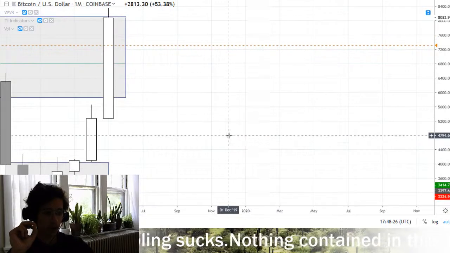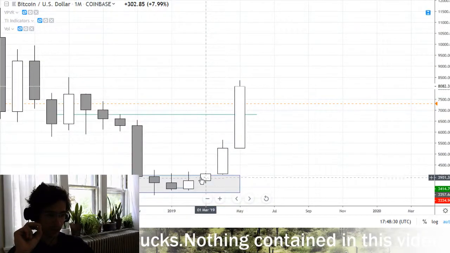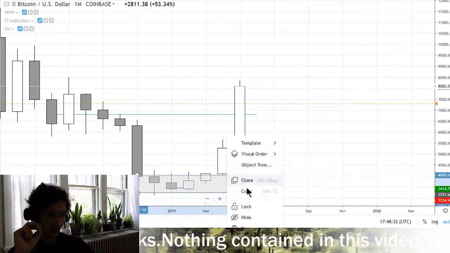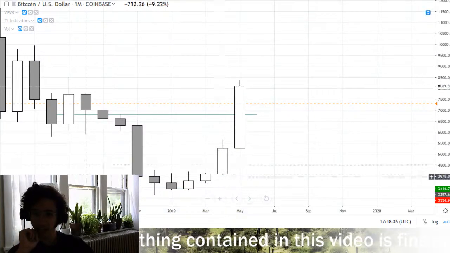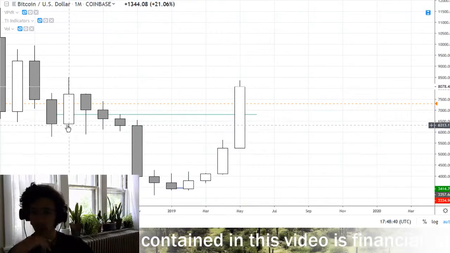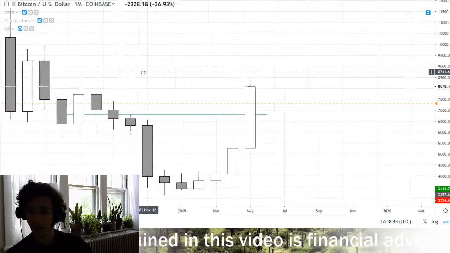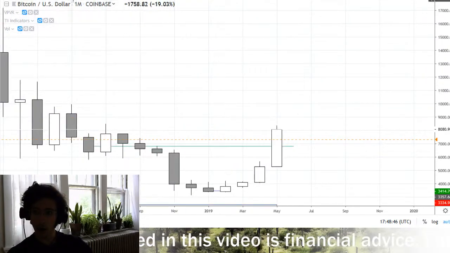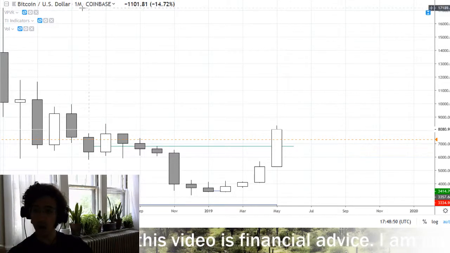Each of these boxes, let's get rid of this box and this box. But these boxes, this big rectangle here, all these smaller rectangles, the gray and white ones, these are all candlesticks that are based off of whatever type of chart you're looking at. So I'm looking at 1 month candlesticks.